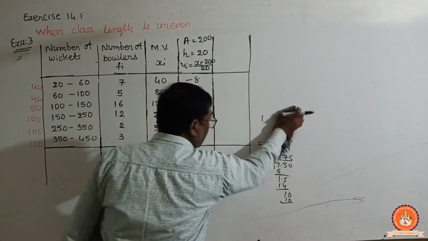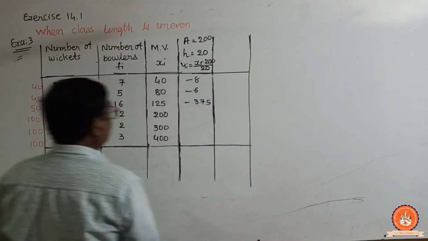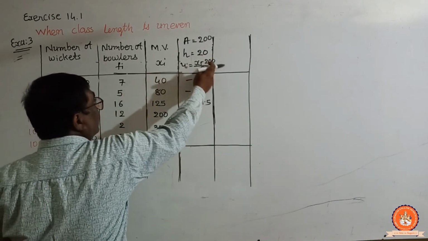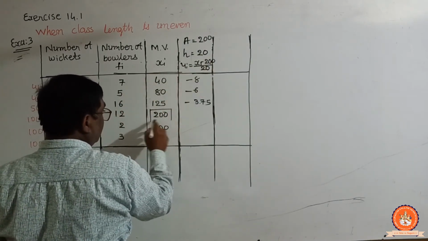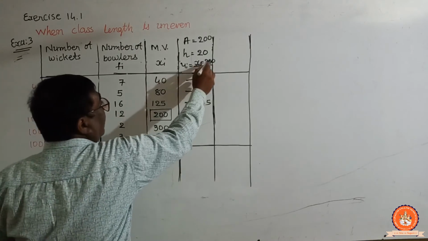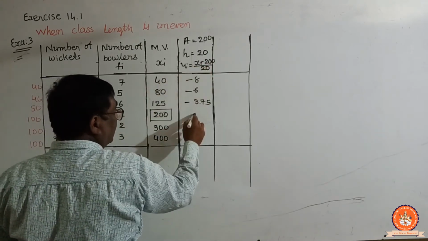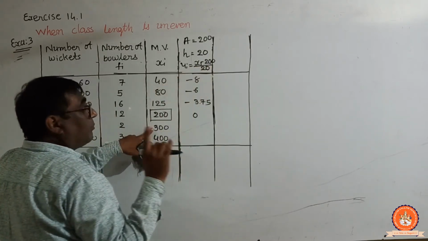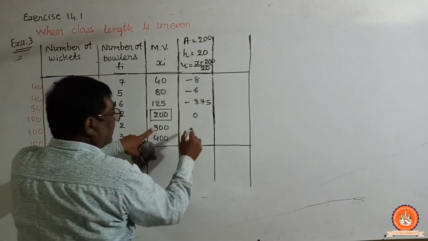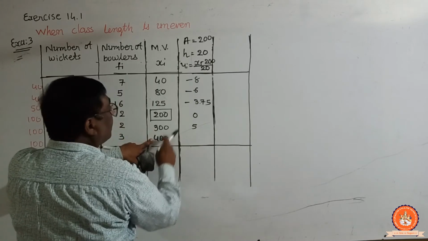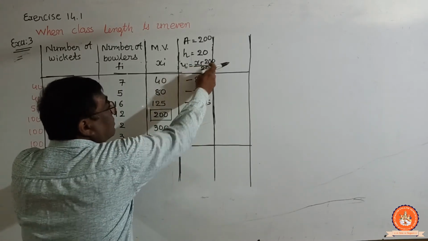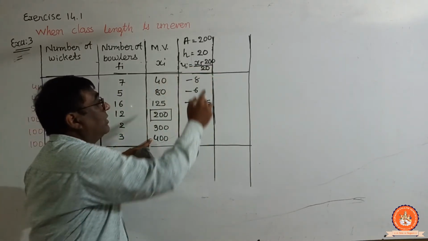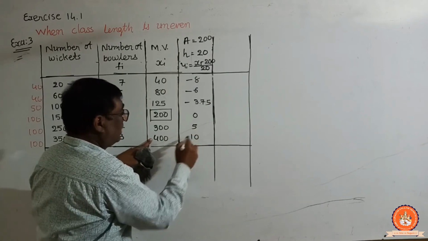Okay. So now 200 minus 200, this is assumed. So 200 minus 200, 0 by 20, that is 0. Now 300 minus 200, 100 divided by 20, that is 5. And now putting 400 here, 400 minus 200, that is 200. 200 by 20 is 10.